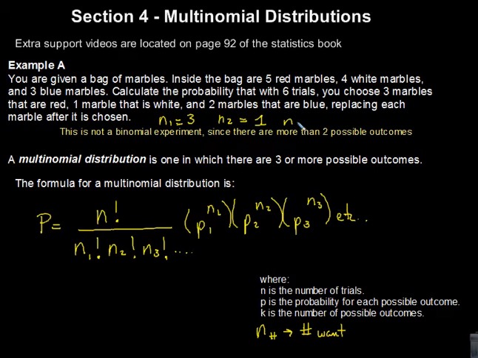And N sub 3 would be 2. And we can have 3 or more, so there could be like N up to N sub whatever and P subs whatever. Okay. We'll actually work this problem out just in a second.